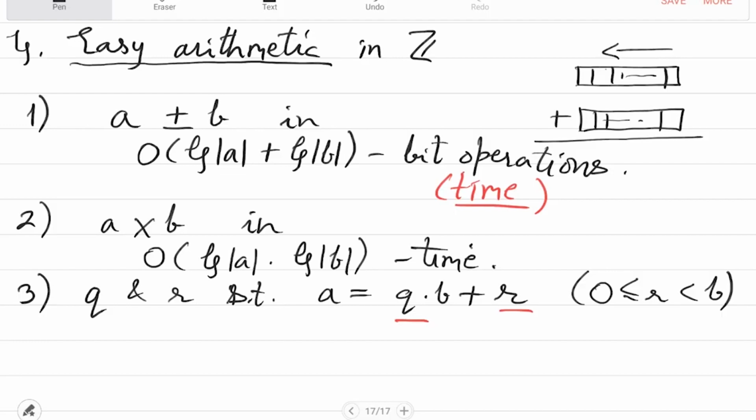Because bit by bit you are discovering the quotient, and then you multiply with B, and then do a subtraction with the dividend. So the time complexity is log of Q times log of B.